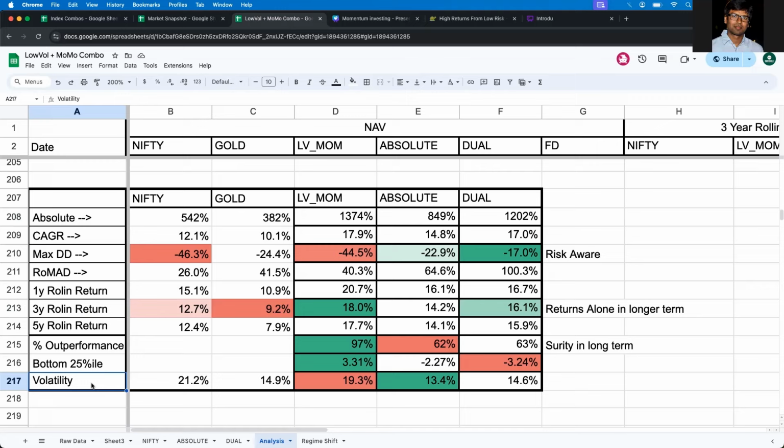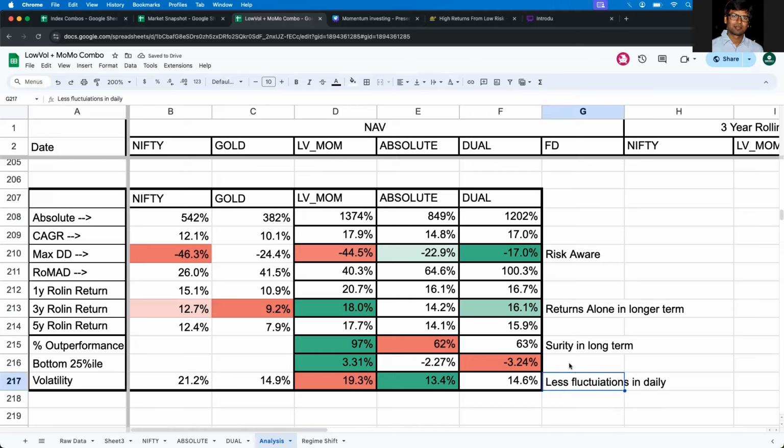And people who prefer those kinds of portfolios might take a look at volatility as a metric and see which one is doing better. If you're considering only volatility as your metric, then the absolute momentum might be more suitable because that gives the least standard deviation in the entire journey. So someone who's looking at fewer fluctuations in daily life, then this is better.